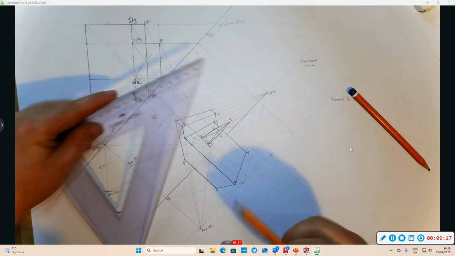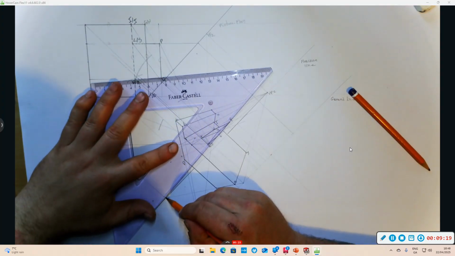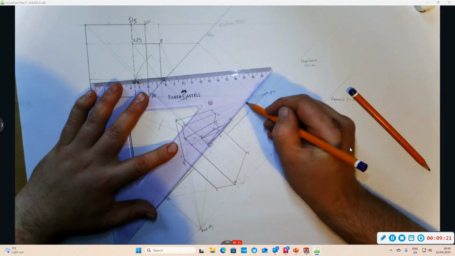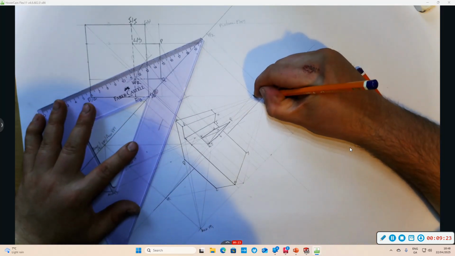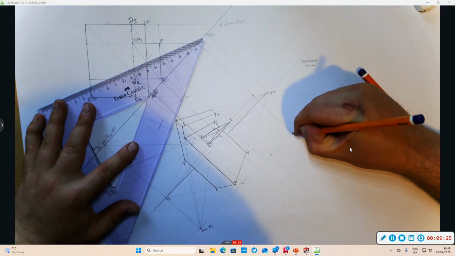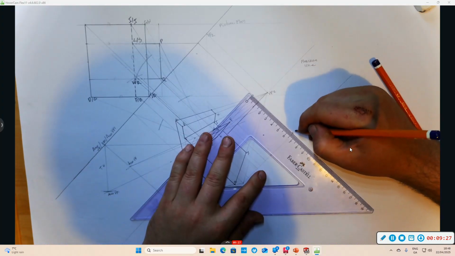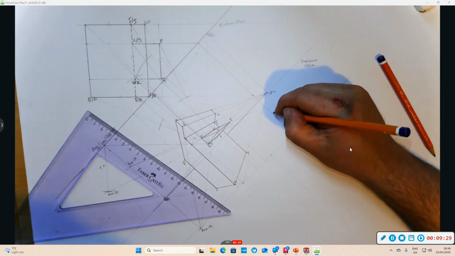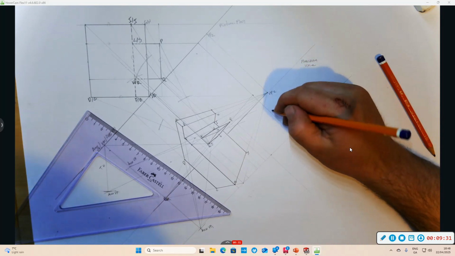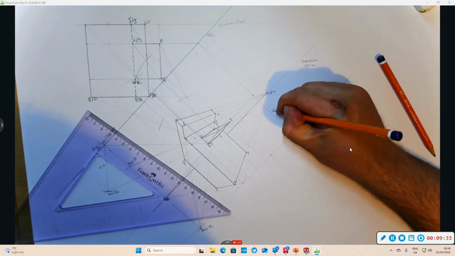Then we're going to go from VP1 through point P to touch that. Here's our true height. 66, and when you multiply 66 by 200, you'll get 13.2 meters.